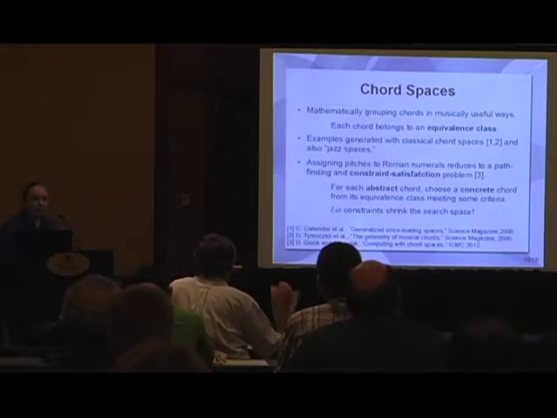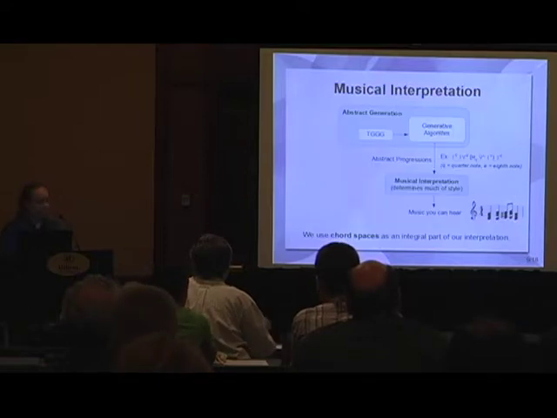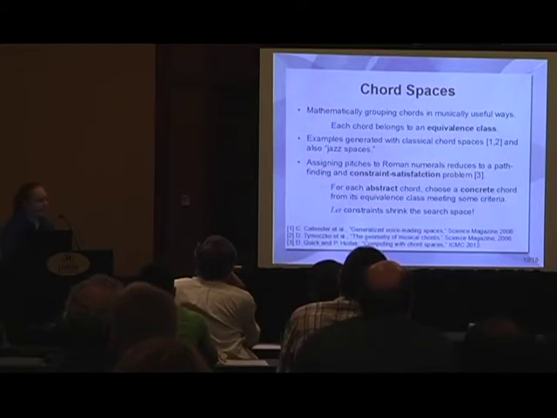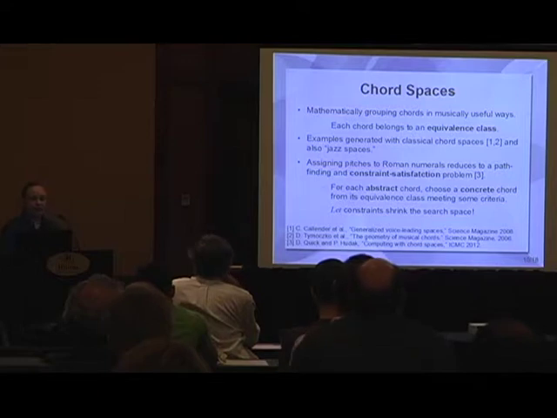So, note at the bottom here. Chord spaces are an important part of how our system determines style. So, what are those? Very briefly, they're just a mathematical way of grouping chords in musically useful ways.